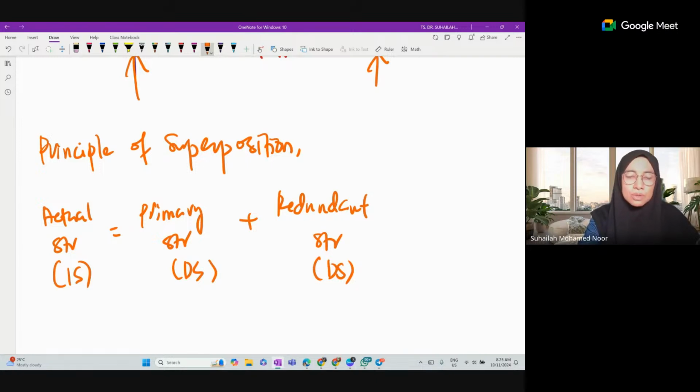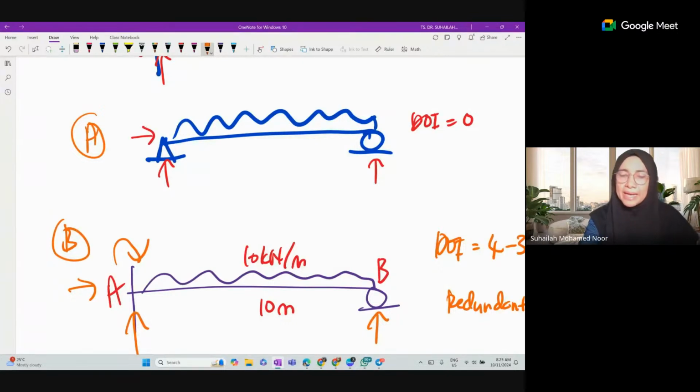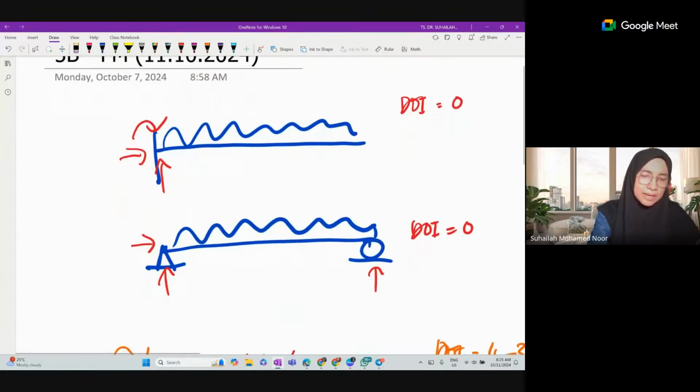Now we will draw the primary structure and the redundant structure. Remember that the primary structure and redundant structure, both being determinate structures, can be A, can be B. What is A? A is a cantilever beam.